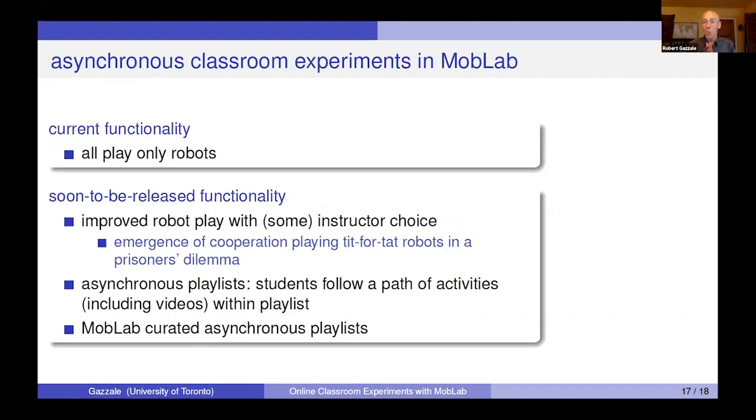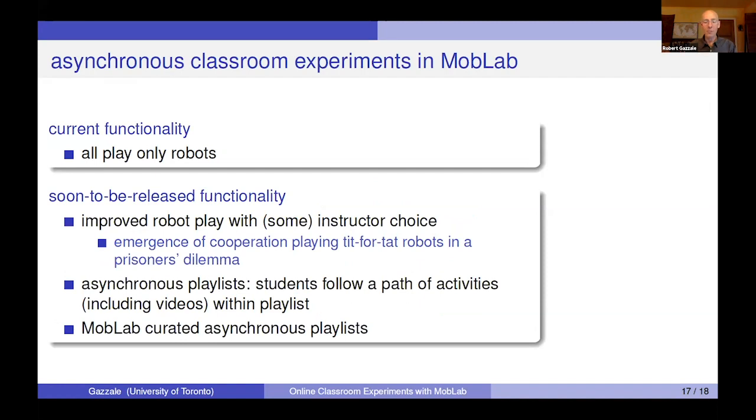Okay, the last topic I'd like to talk about before opening it up to questions is, up until now, we've been talking about synchronous online classroom experiments, all of your students getting together online at the same time, participating against each other. What about asynchronous classroom experiments?